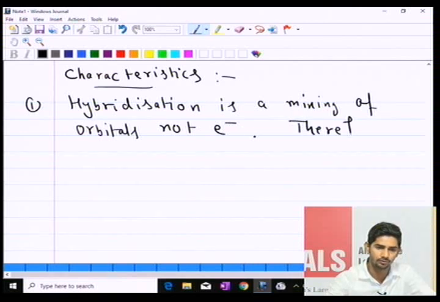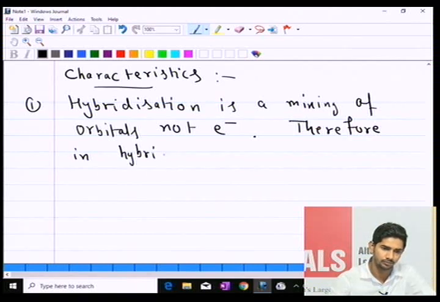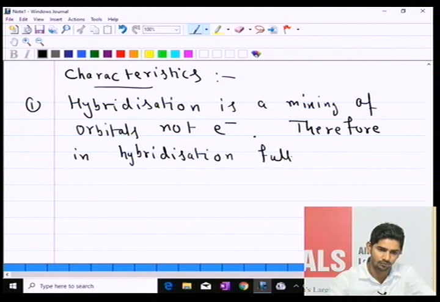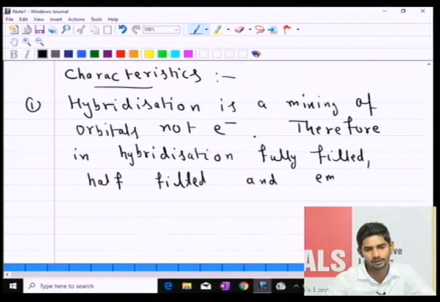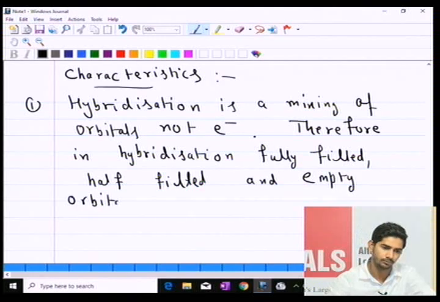Therefore, in hybridization, fully filled, half-filled, and empty orbitals may take part.